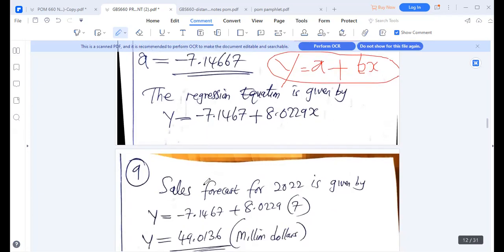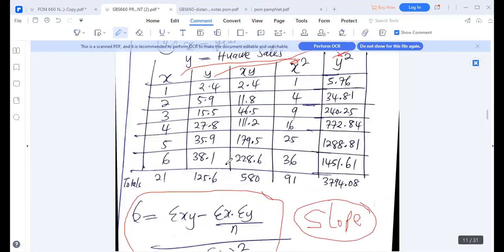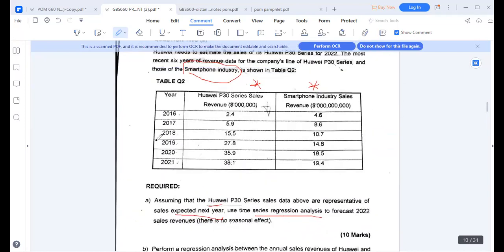From here, you can substitute now, as we're finding the forecast for 2022. 2022 is based on the 7th position, because the years we have been given go up to, this is 1, this is 2, this is 3, this is 4, this is 5, this is 6.